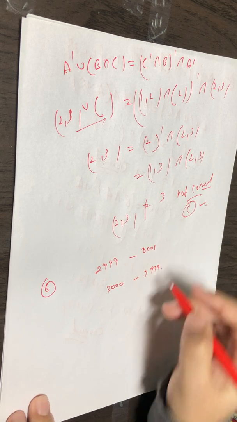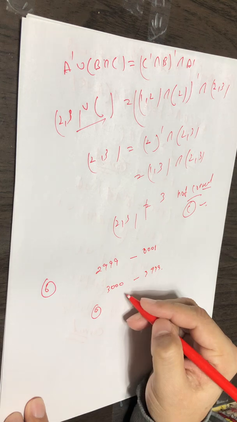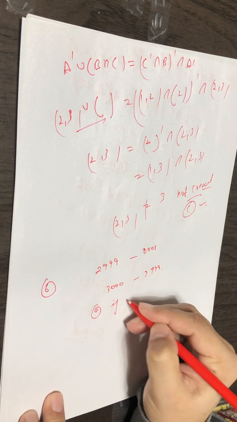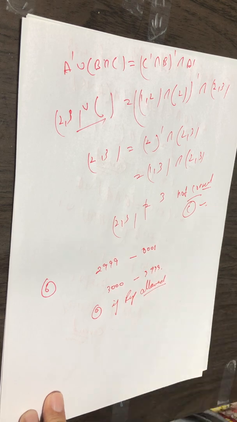So in this case, let us start that we consider these numbers, 3000 to 7999. We are going to consider two cases. If repetition is allowed, because in the question it is not mentioned, repetition is allowed.